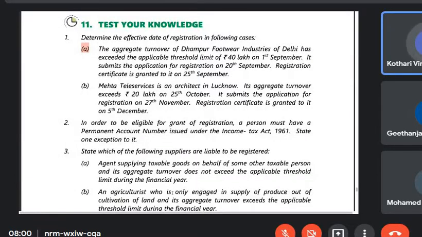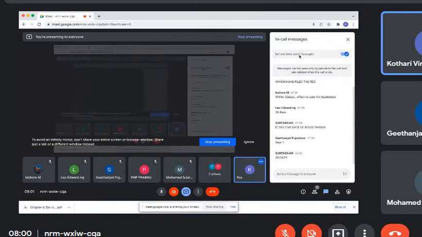The application was made on 20th September, and the registration certificate was granted on 25th September. Since the registration was applied for within 30 days, that is on 20th September, the effective date of registration is 1st September, right? Very good. Next question.